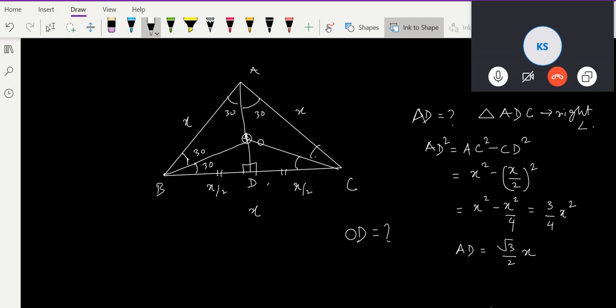No. Look at triangle BOD, where OD is one of the sides, right? How can we find out OD from there? The same way we found AD, so it would be OD squared equals BO squared minus BD squared. But we don't know BO.